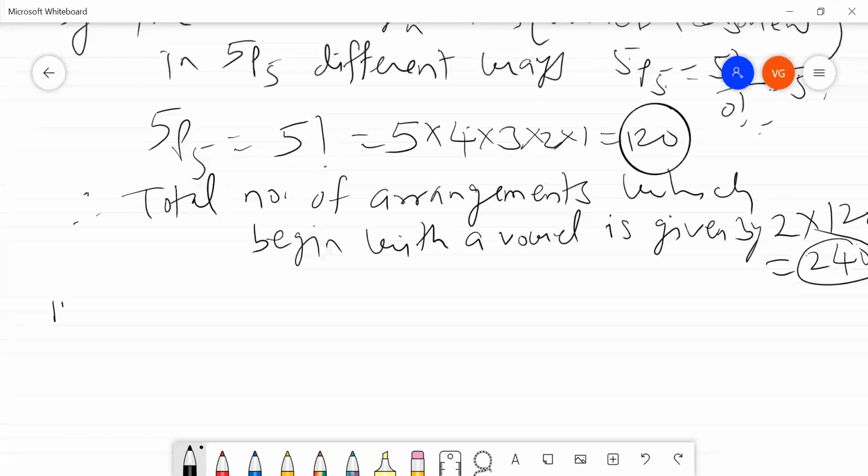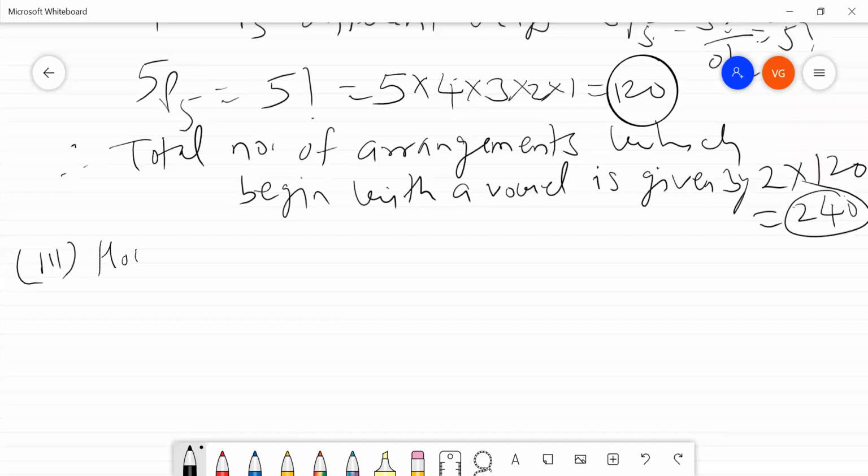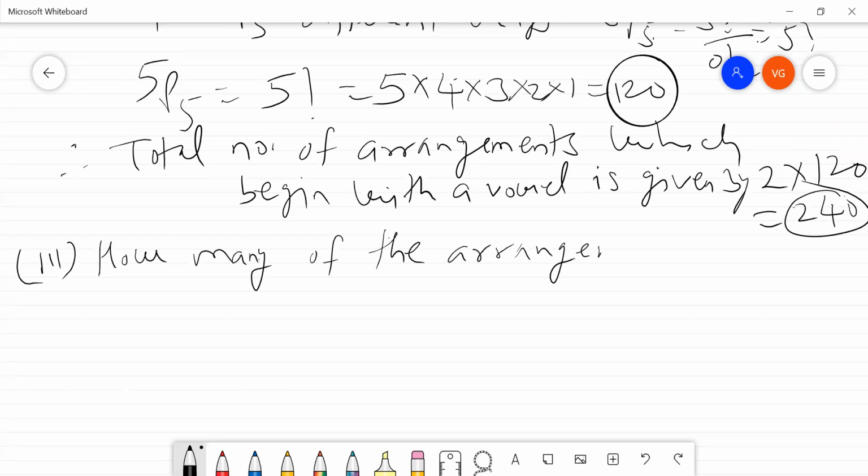Now what do we want to count? How many of the arrangements begin with a vowel and end with a consonant?